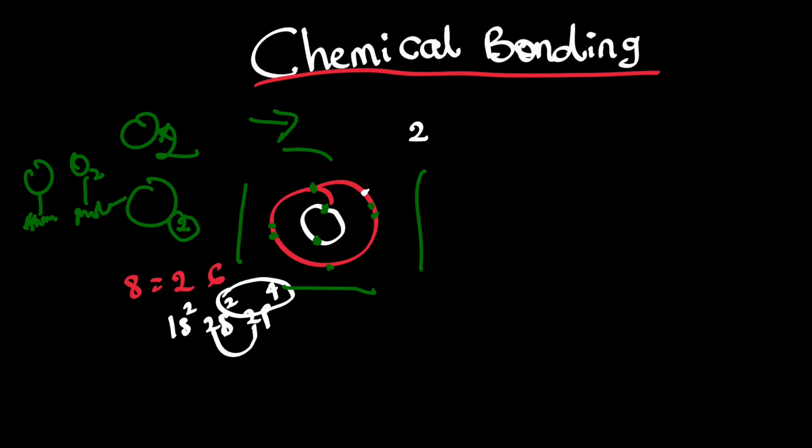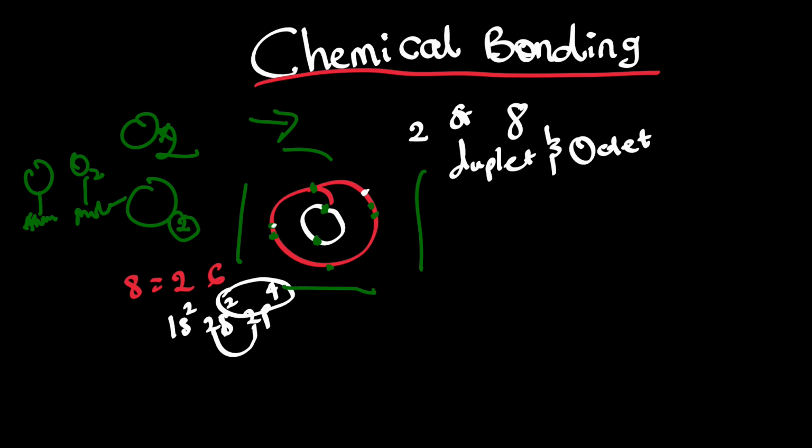So an atom can only be stable if it has two electrons in the valence shell or 8 electrons in the valence shell, and that's what gives rise to the duplet and the octet rule.